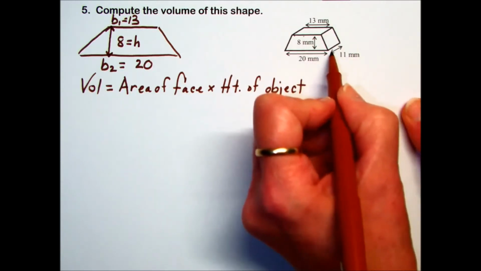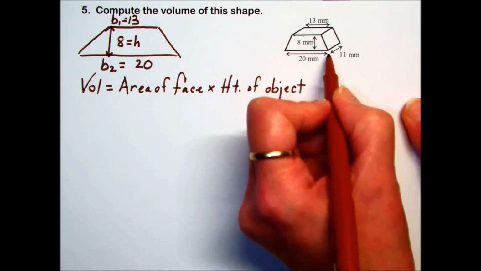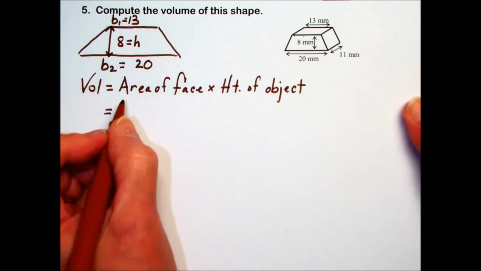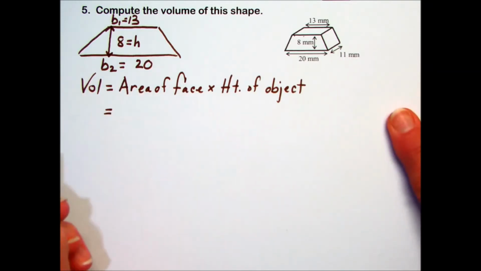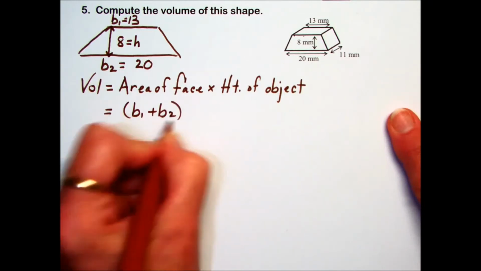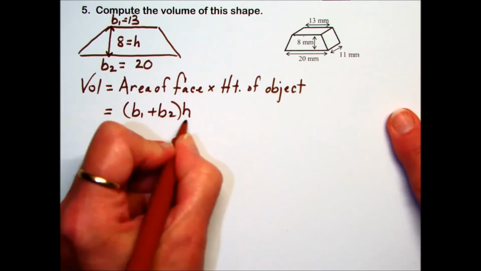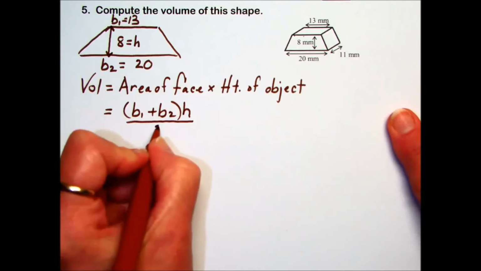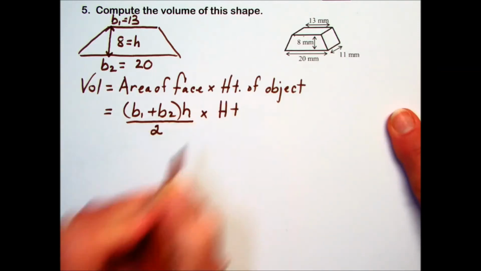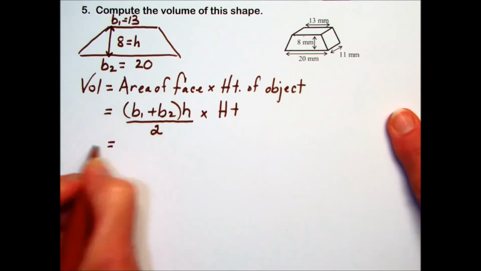Instead of height, we might substitute in a value or a word like thickness or depth of this object. It's not going to alter our formula by any means, but just in terms of a descriptor, much better word to use. So, our face is the trapezoid. The formula for the area is the sum of the bases times the distance between the two divided by 2 times the height or thickness of the object.